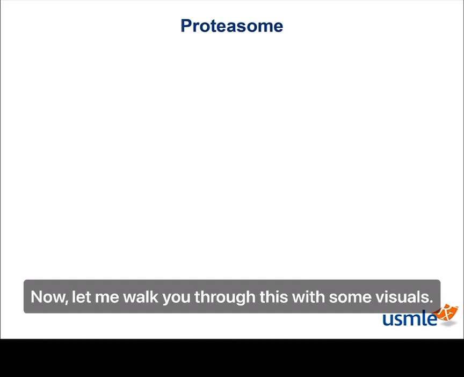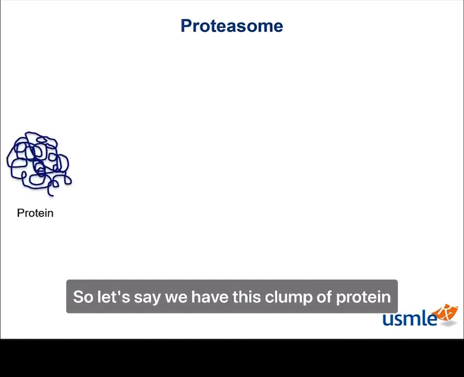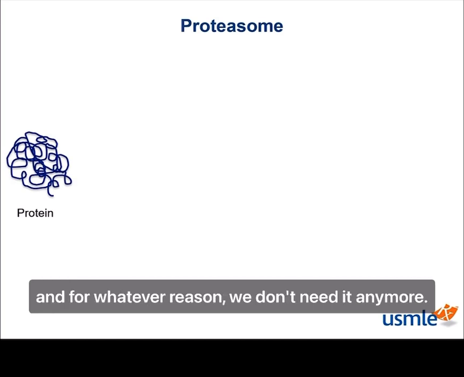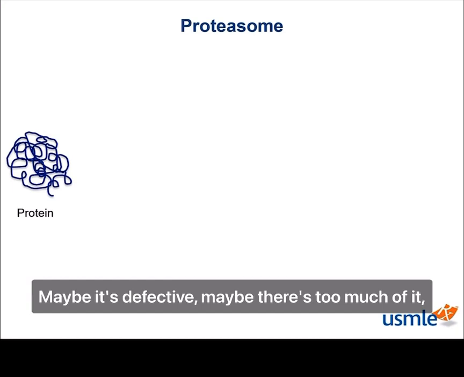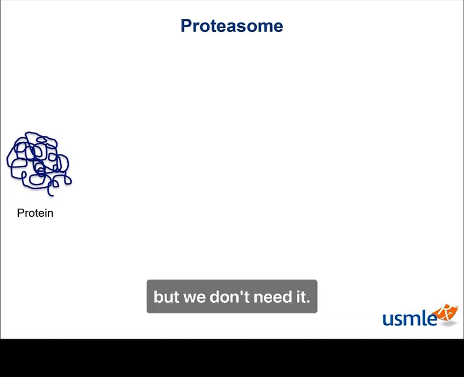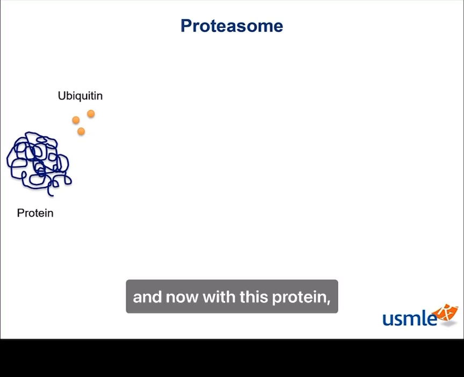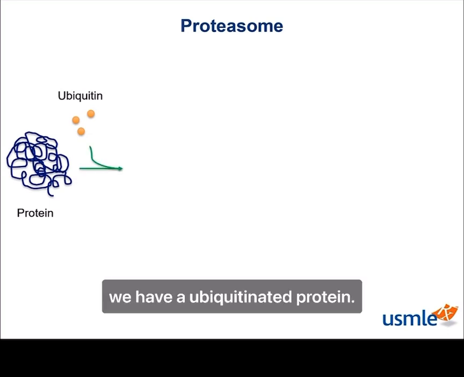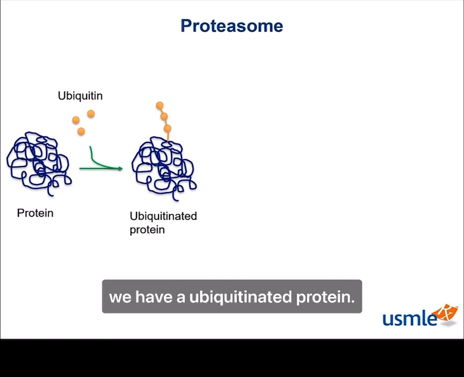Now let me walk you through this with some visuals. So let's say we have this clump of protein, and for whatever reason, we don't need it anymore. Maybe it's defective, maybe there's too much of it, but we don't need it. So along comes this ubiquitin, and now with this protein, we have a ubiquitinated protein.